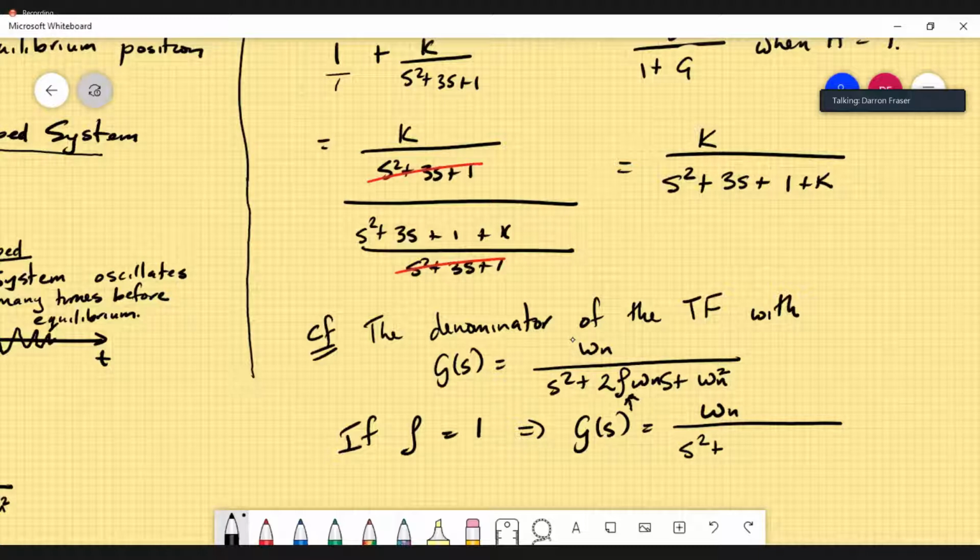Two important things will have an effect on the problem. So zeta equal 1, then this is what the transfer function is.